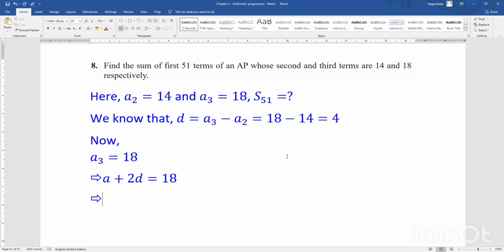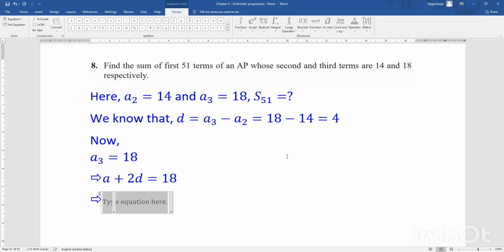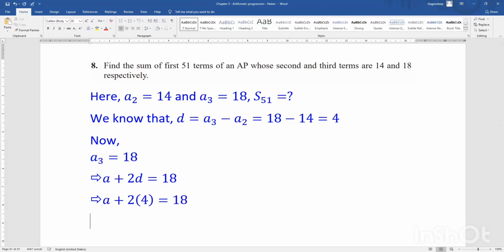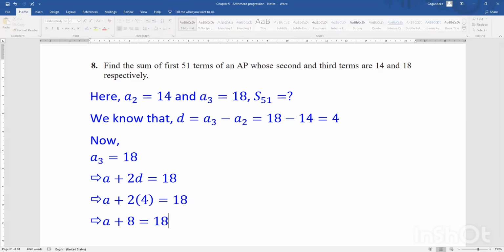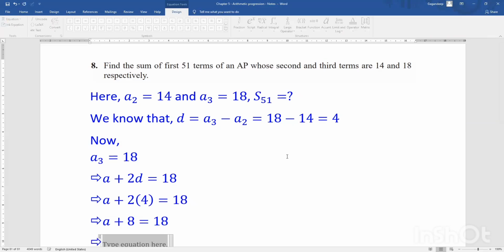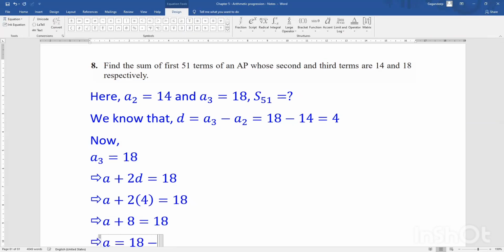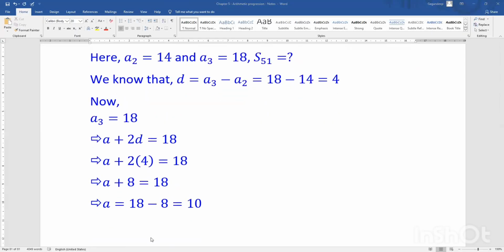Or it means that A plus 2 into D value, which is 4, equals 18. Or it means A plus 8 equals 18. Or we can write A equals 18 minus 8, which is equal to 10. Right, children? So we have completed, we have got the A value.